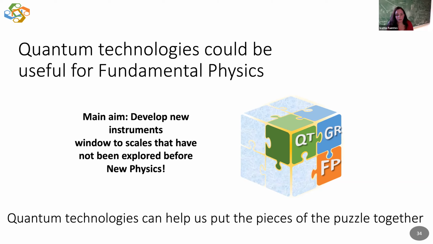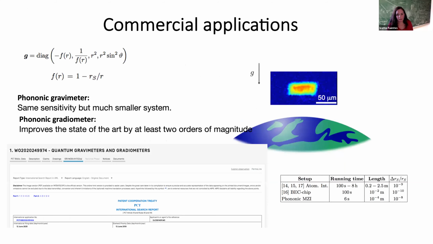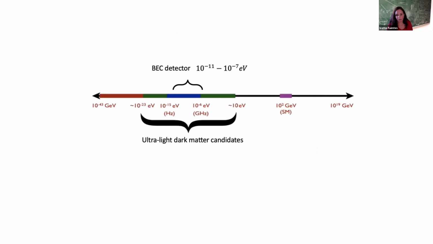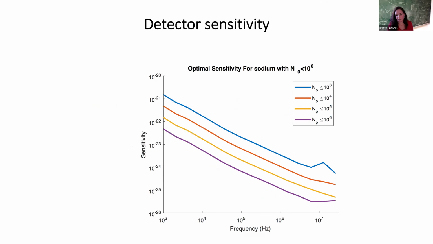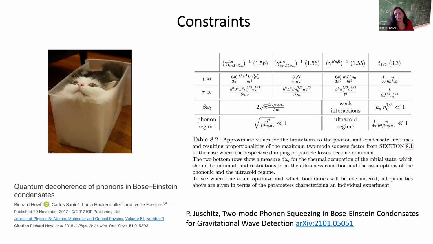Yes, so the Q factor is going to be given again by the lifetime of the phonons. So the lifetime of the phonons depends on many things, but we have here like my student wrote a thesis, and it's now online, where we study really in full detail what are the lifetime of the phonons for different species and for different parameters and conditions, because it's very dependent on the species that you use and on the experiment.